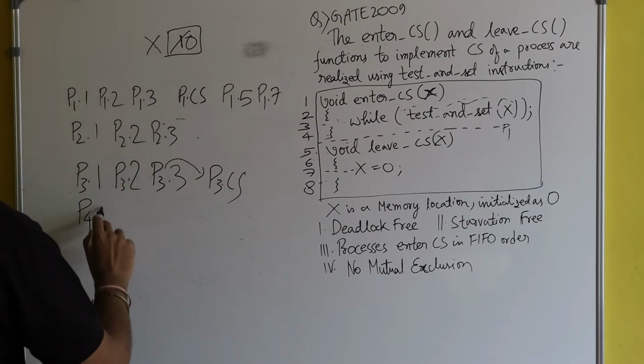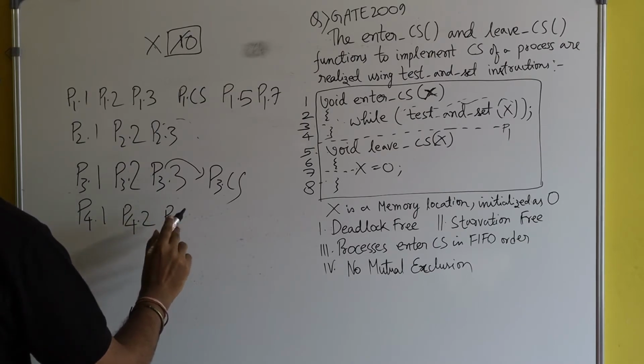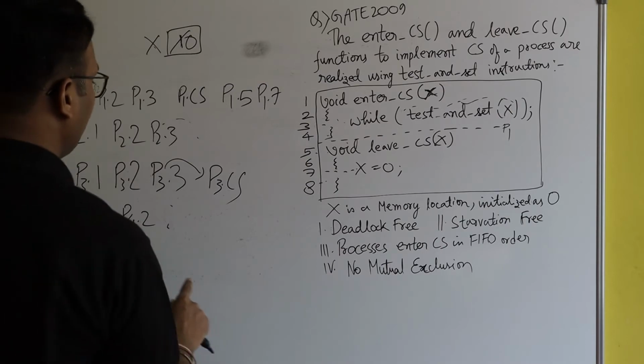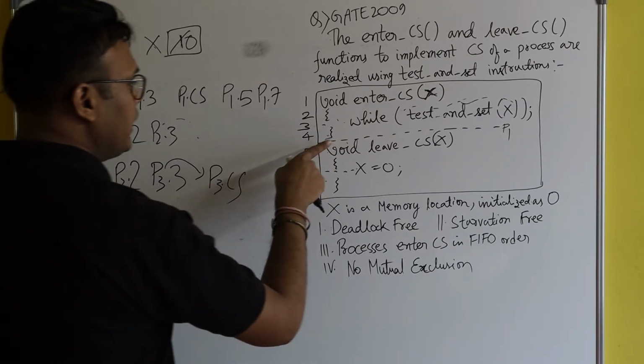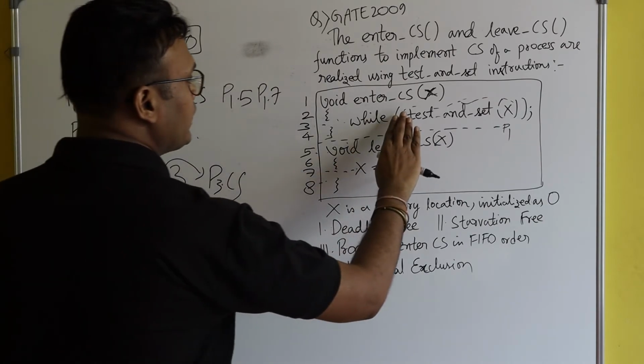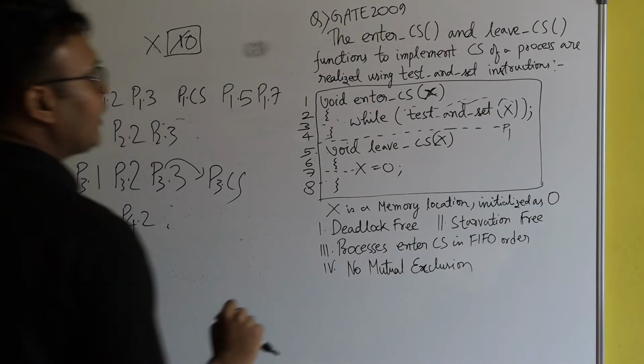P4 executed line number 1, P4 executed line number 2, and since you see P3 has entered the critical section. Okay, how has P3 entered the critical section? After breaking this while loop. So how did this while loop get broken?